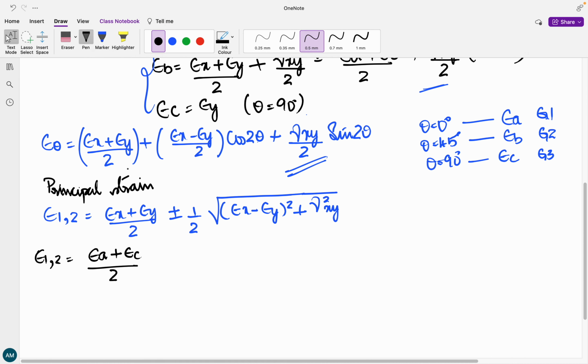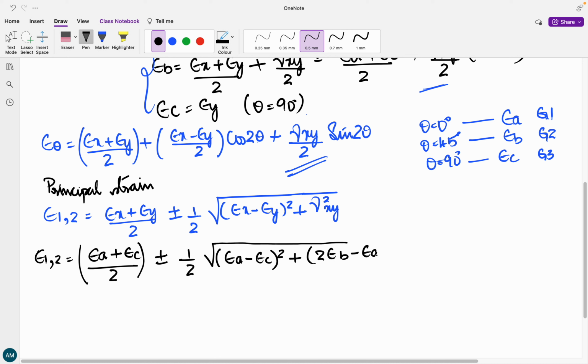Alright, so epsilon a plus epsilon c by 2 plus or minus half into under root of epsilon a minus epsilon c by 2, thus 2 times epsilon b minus epsilon a minus epsilon c the whole square. So gamma xy is 2 times epsilon b minus epsilon a minus epsilon c.